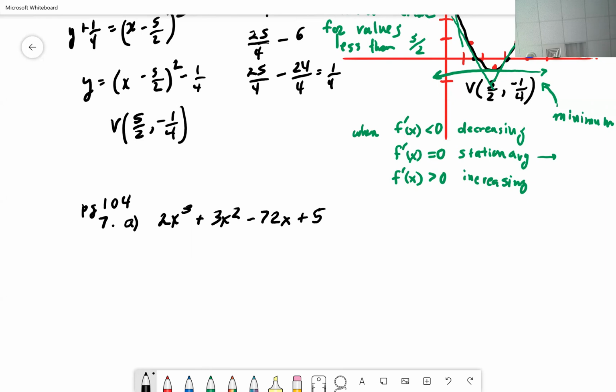And they want us to find the coordinates of the stationary points, and determine whether each is a max or min.